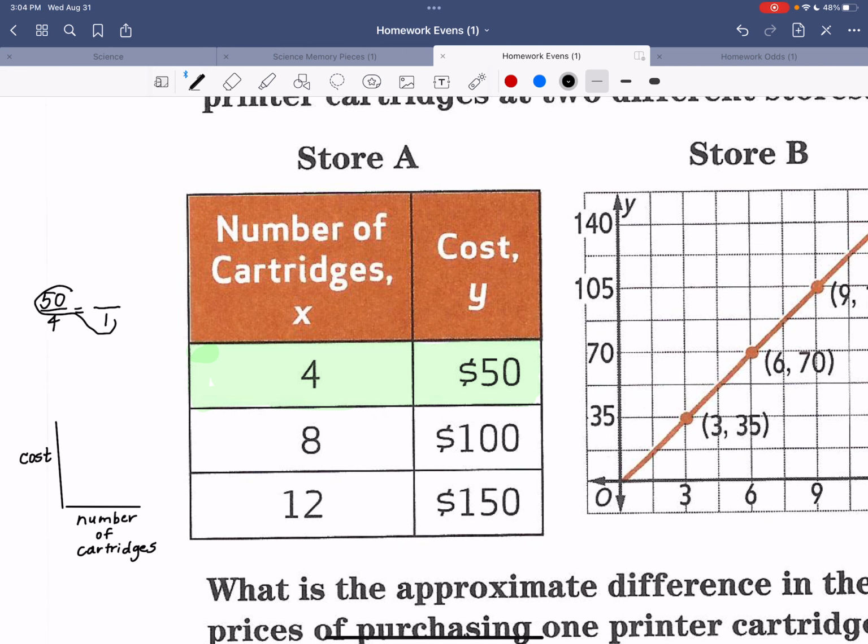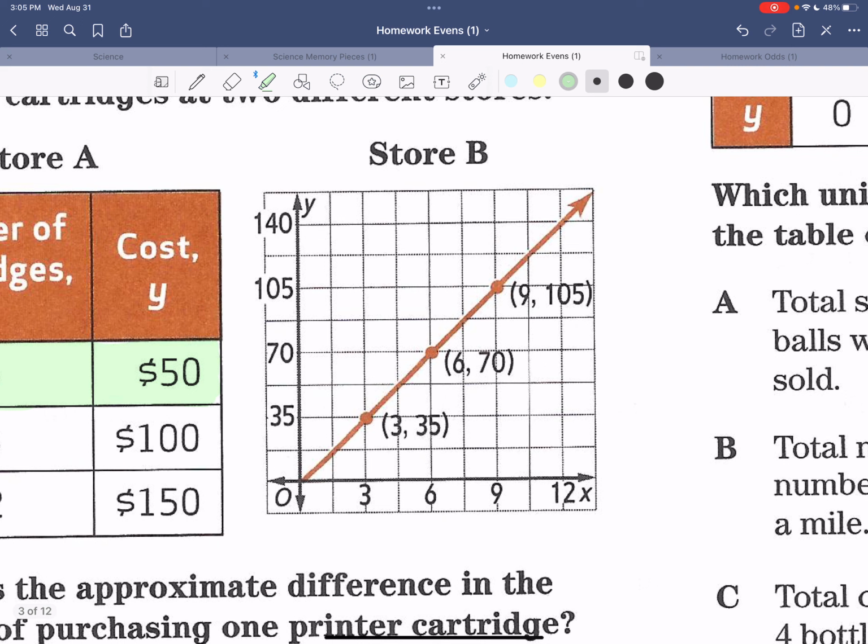So 50 times 1 is 50, and 50 divided by 4 is $12.50. So the equation for this particular store, the cost is $12.50 times the number of cartridges. So I figured out an equation for that one.